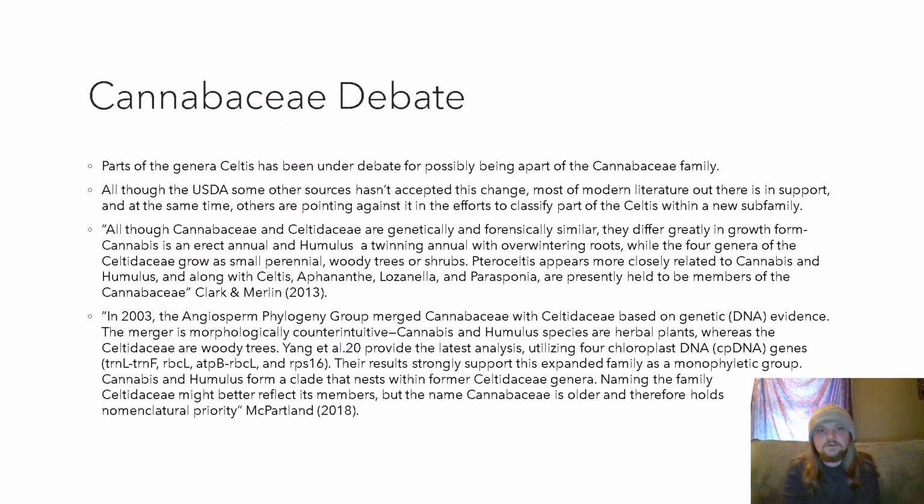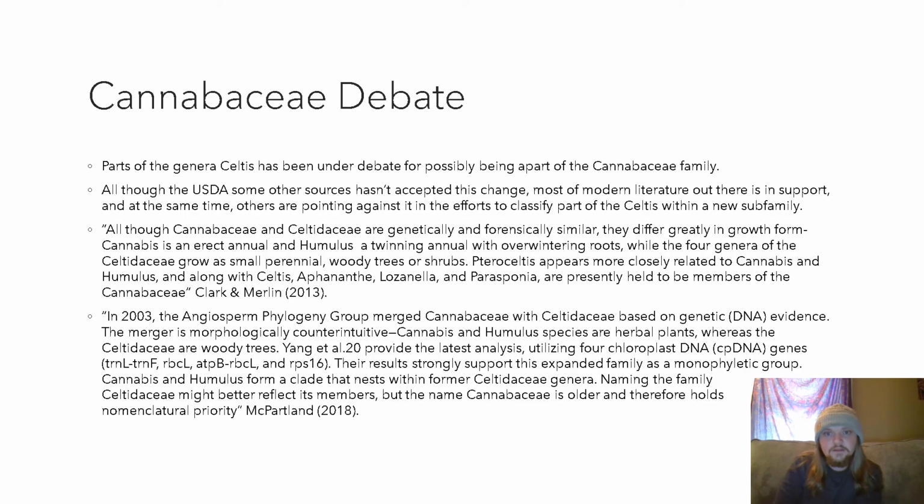So it's interesting if you start really looking into this. There's a whole debate where Cannabaceae was moved into Celtidaceae essentially, and they look similar in ways, but they definitely have some pretty big key differences in my eyes. But a lot of sources in the United States, especially the USDA and some other ones, don't even acknowledge the change whatsoever.